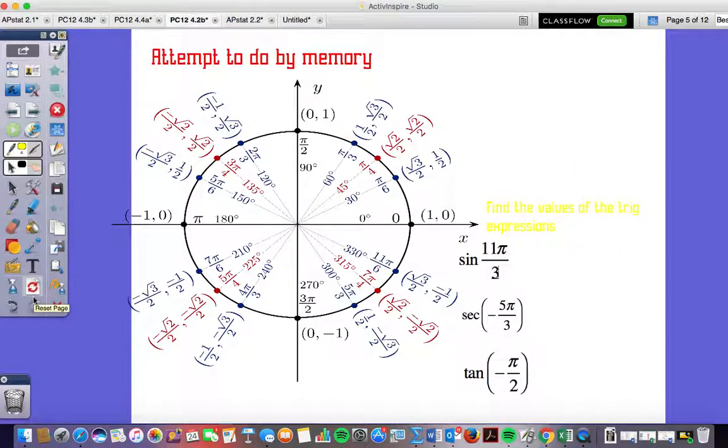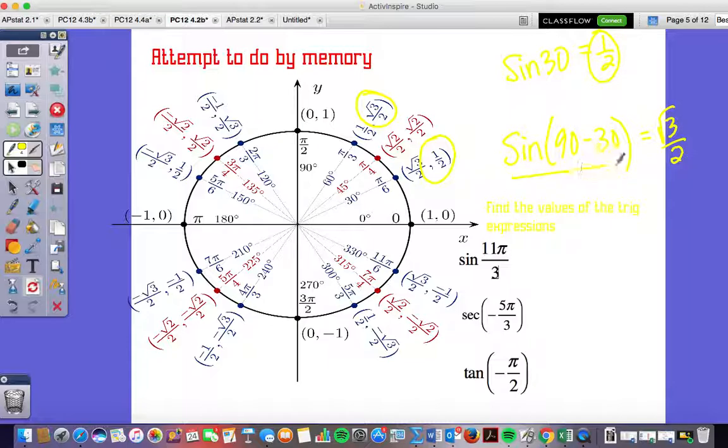If I took the sine of 30, and I took that identity and said, what is the sine of 90 minus 30? Well, first of all, the sine of 30 is 1/2, right? Very good. And sine of 90 minus 30 would be sine of 60, which would be square root of 3 over 2, right?